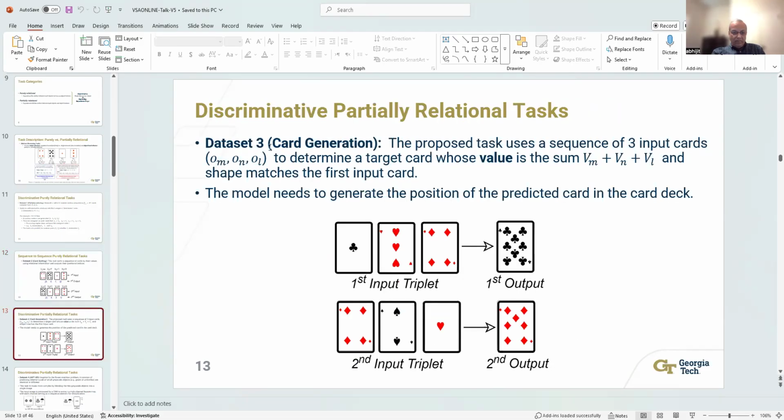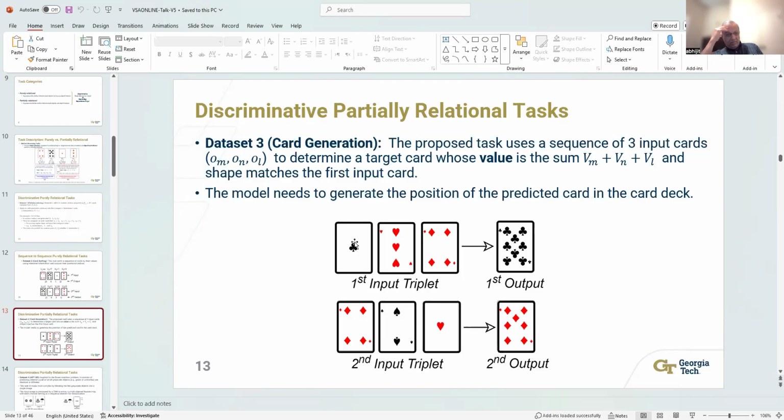Here we have a discriminative partially relational task. The idea is we give a sequence of 3 cards, and we need to generate an output card. This output card should have a value equal to the sum of the 3 input cards and the shape of the first card.